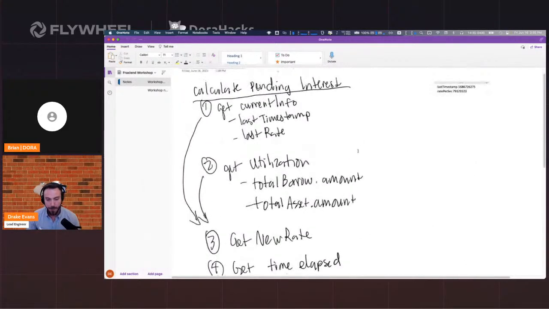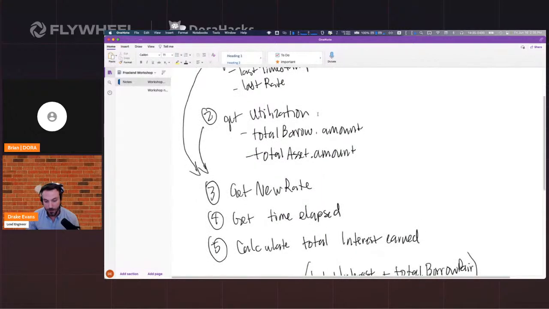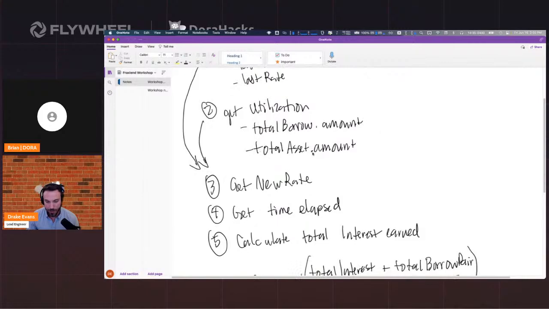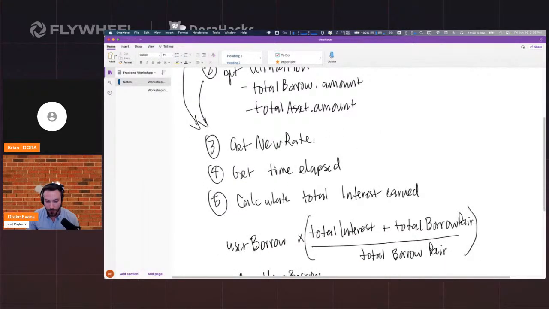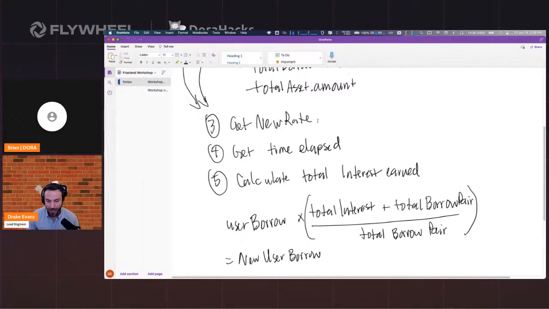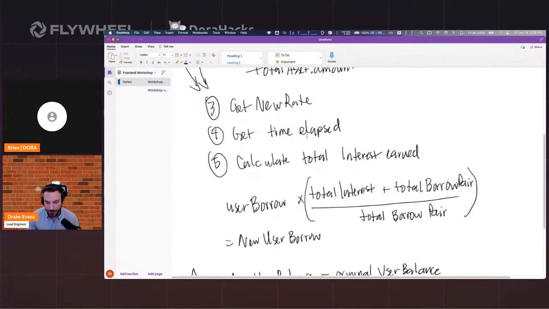So the first step is we get the current info, which is the last timestamp and the last rate. We're going to get the utilization by calling total borrow and checking the amount, and by calling total asset and checking the amount. We're going to use that information to get the new rate. It has to be ABI encoded, but you can look at the way the repo does that. After we have the new rate, we'll calculate the time elapsed.